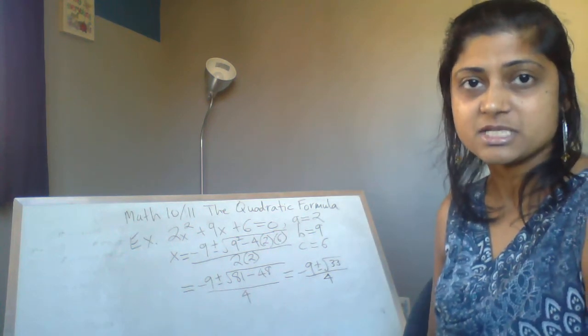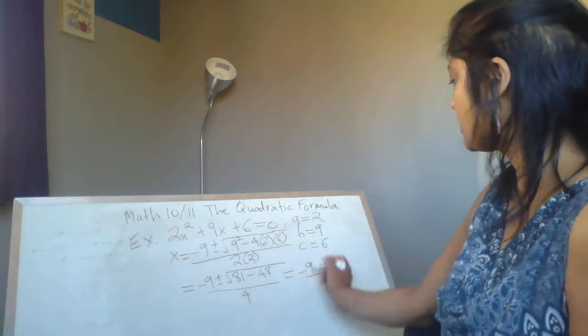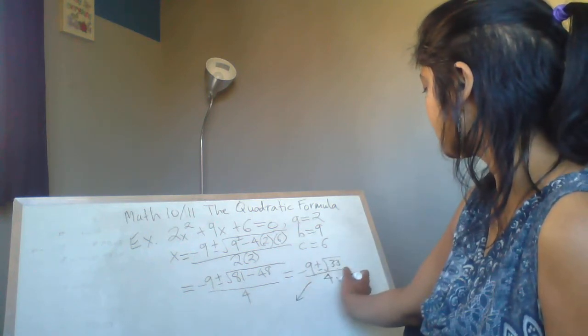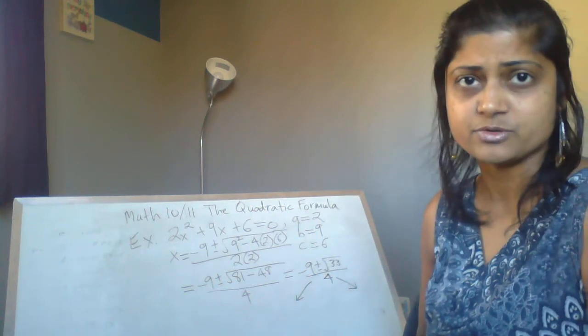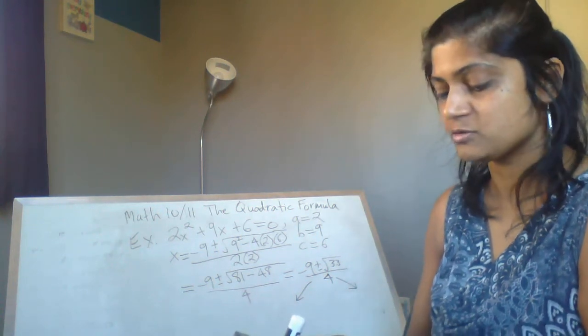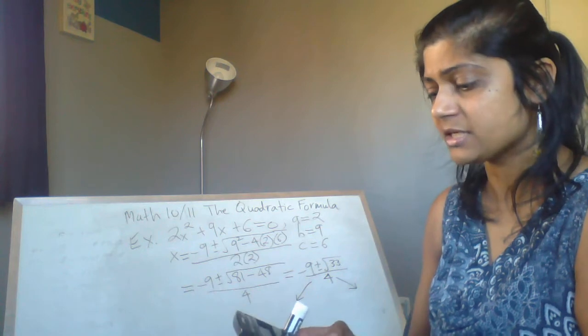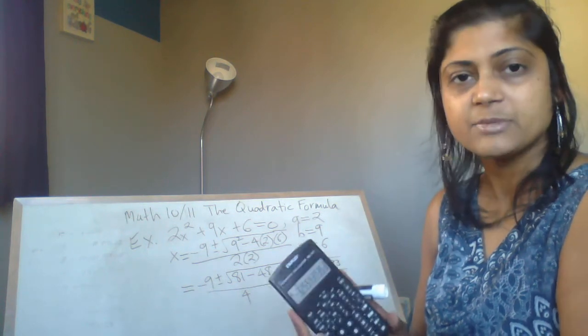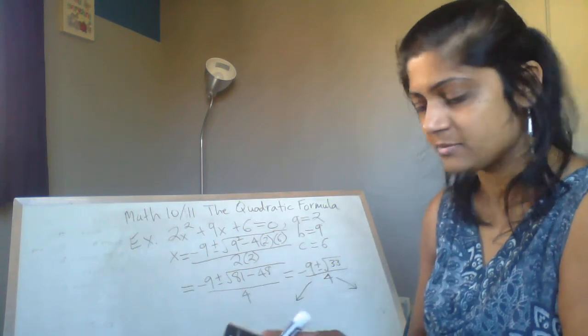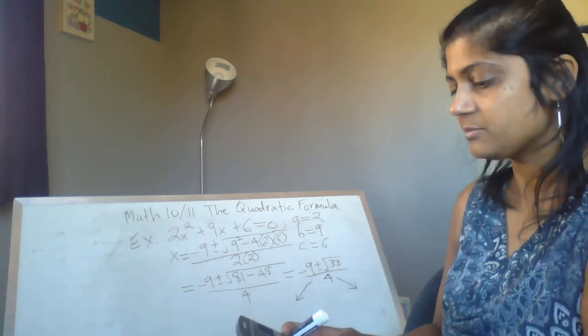All right, so this step is actually really important. I'm going to make 2 arrows going down like this, and there are going to be 2 answers. So the first time, just use your calculator here. I'm doing negative 9 plus square root of 33, and I'm making sure I press the equal sign in between, and then divided by 4.